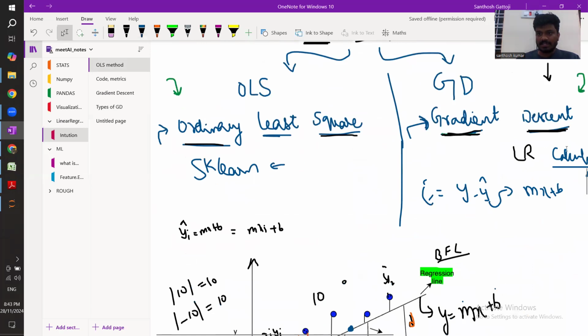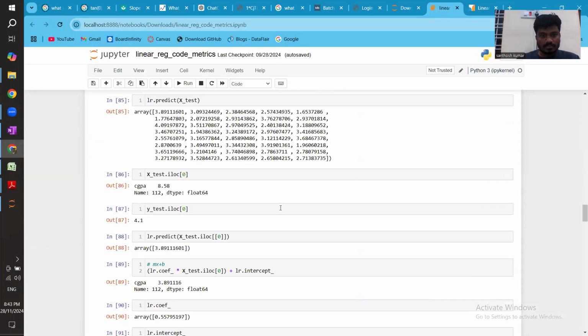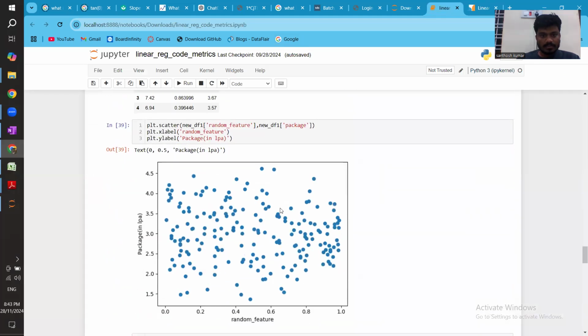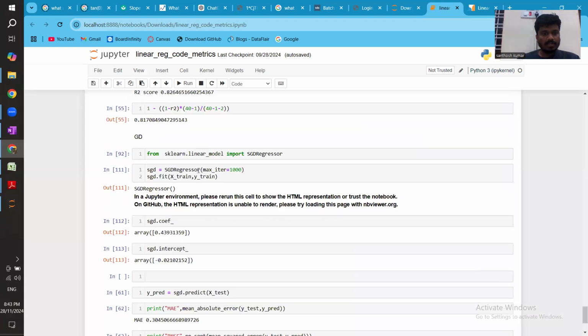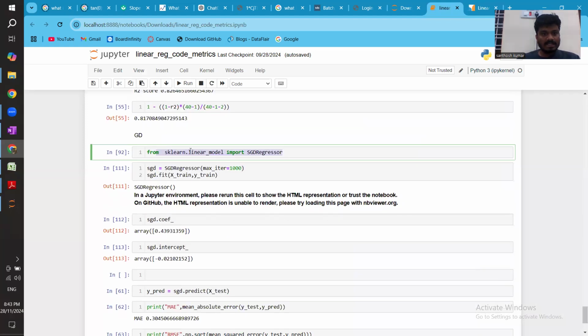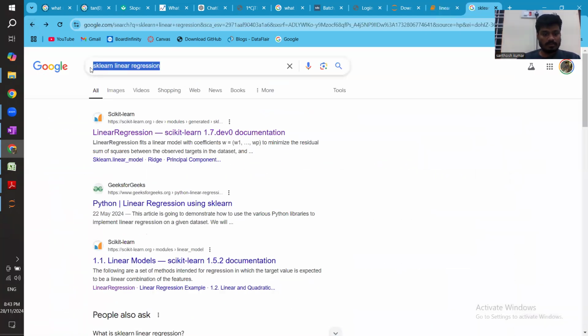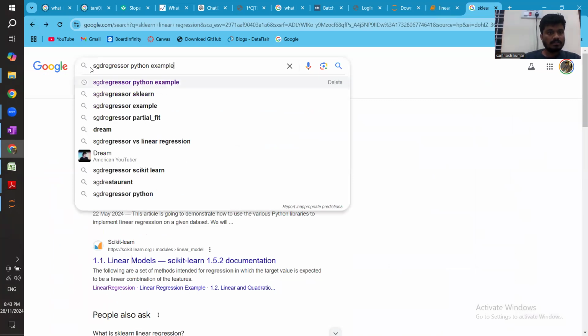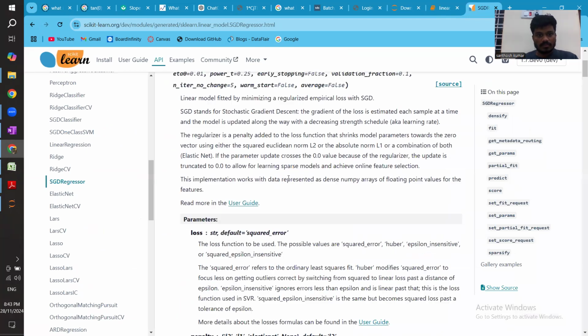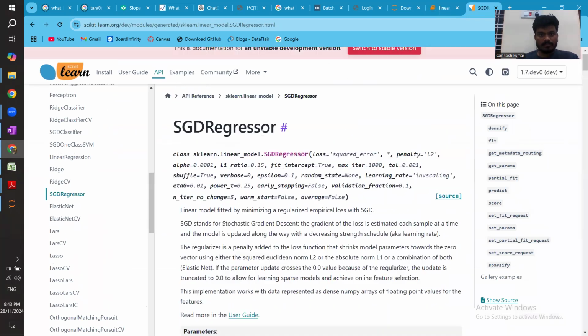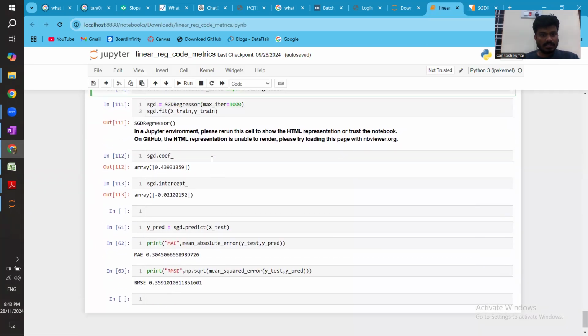Now we have gradient descent, which we studied in our last two sessions. For that, we have something called SGDRegressor. From sklearn.linear_model, you need to import SGDRegressor.